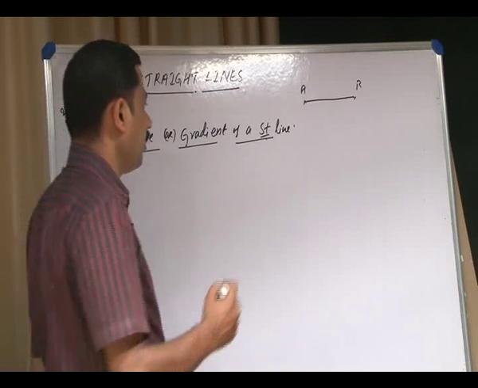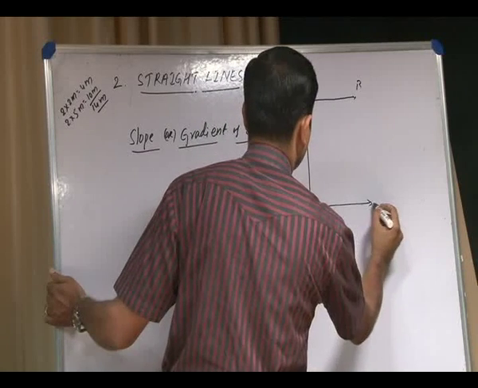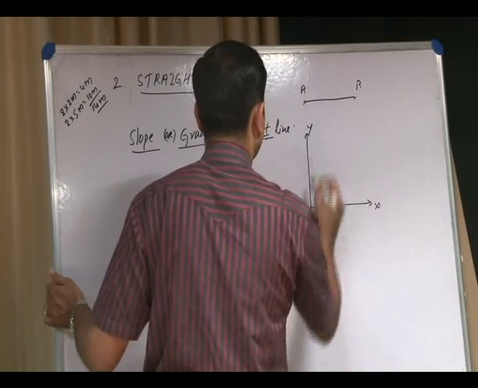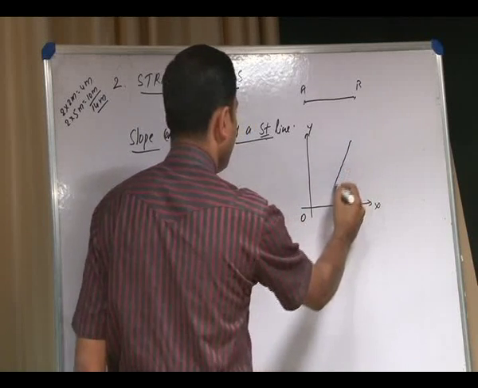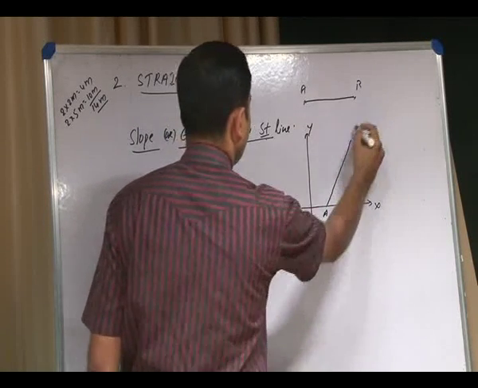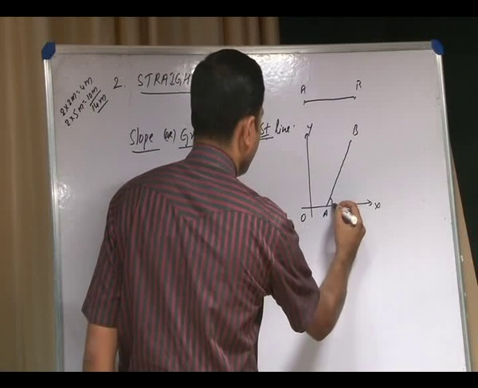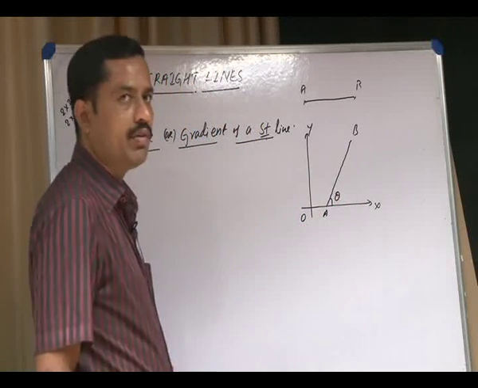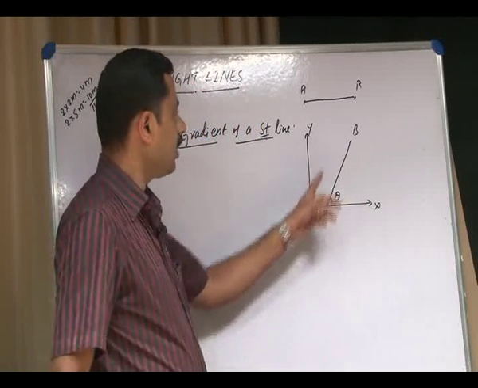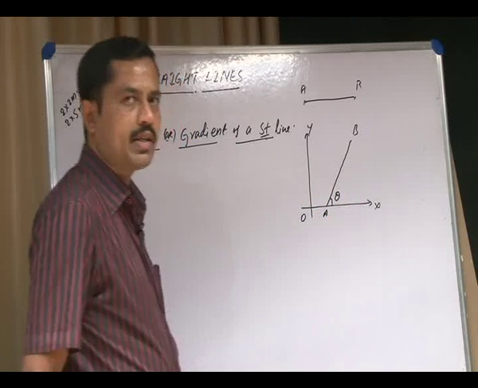Suppose we consider 2 axes, x and y axis, and this is the origin. I will consider a straight line, say AB. AB is inclined at an angle theta with the positive direction of the x axis.